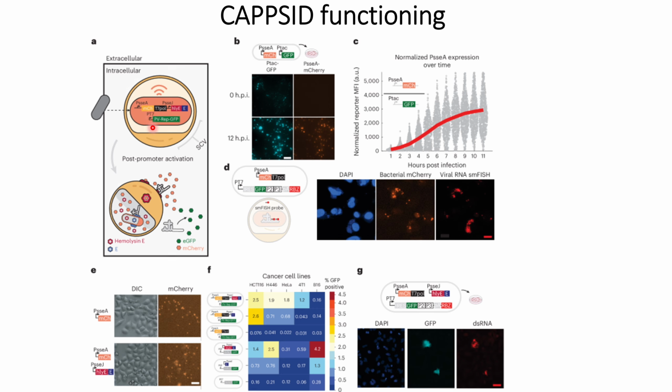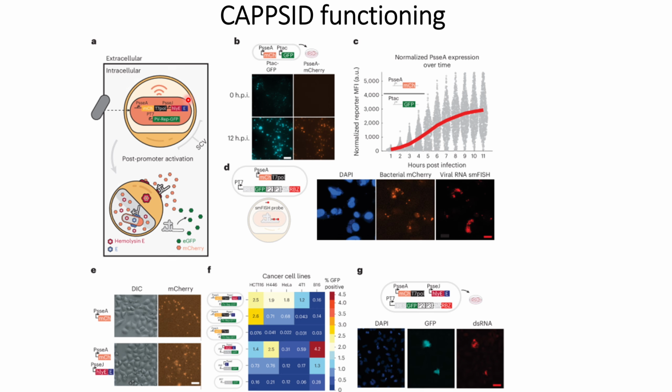And once this has been activated, or the parts have been translated, it will cause the lysis of the SCV using proteolytic proteins such as hemolysin E, and thereafter the viral parts will be extracted out and it will infect the host cells.